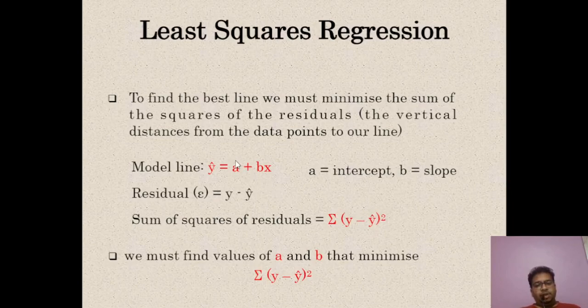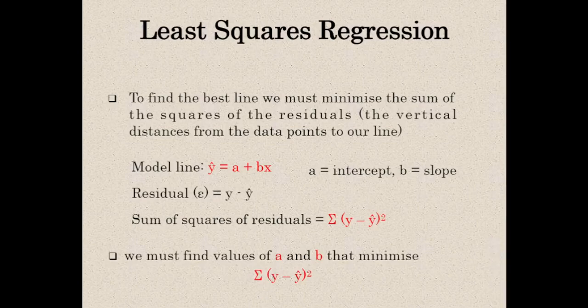So a and b किस तरीके से होने चाहिए, so that मेरे के ये जो summation आने वाला है, sum of squares of residuals, that is minimum, up to minimum 0 तक आएगा वो, या 0 तक लाना है, minimize कर. So how we are going to do this? To minimize it, we have certain methods. Let's see.